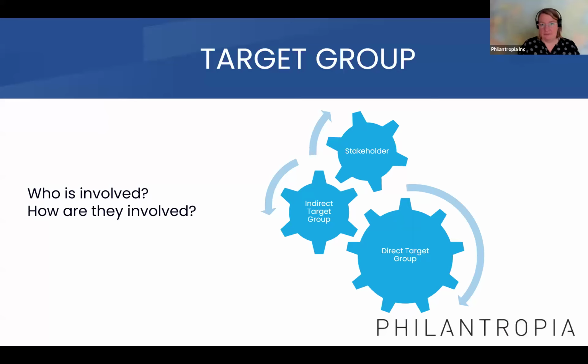For example, if you train farmers, the farmers themselves would be the direct target group, and the families of the farmers also benefit because they would get different crops, maybe the farm work will be more efficient, etc. So the family members would also benefit, but they don't actually attend your training, so they're not direct beneficiaries. Those two groups should be described here, and again, if you have a good understanding of stakeholders, that also really helps.